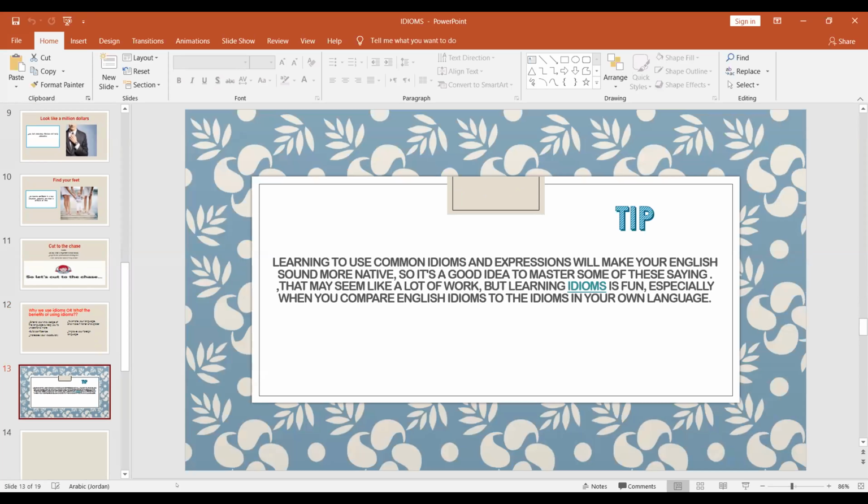Nice. Finally, we have a small tip or advice. Learning to use common idioms and expressions will make your English sound more native. So it's easier to master some of these sayings. That may seem like a lot of work, but learning idioms is fun, especially when you compare English idioms to the idioms in your own language. Excellent.